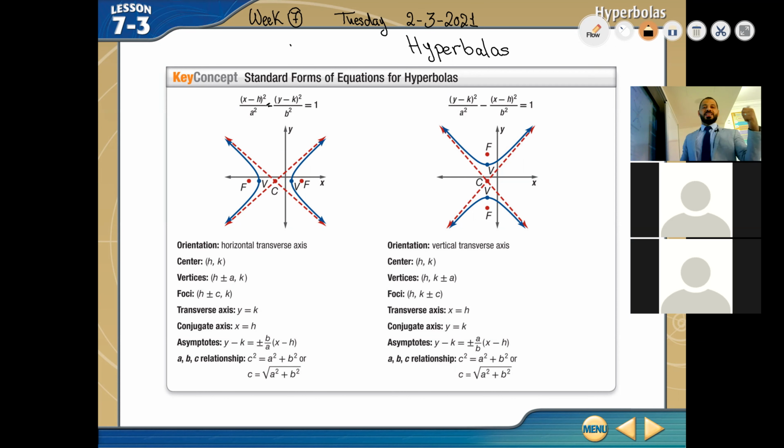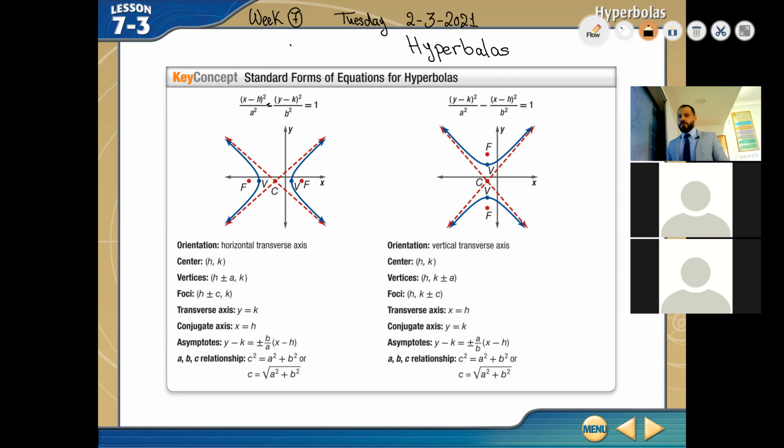In the ellipse, the middle sign was positive. It means we have (x minus h) squared over a squared plus (y minus k) squared over b squared equal to 1. Here it's minus. So this is the only difference.